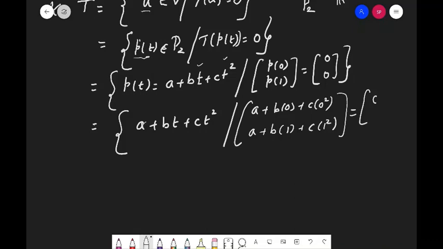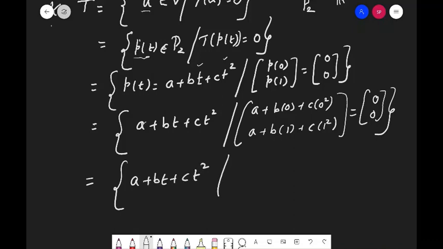This is equal to 0, 0. So this will be A plus BT plus CT square, such that here this is A and the second one is A plus B plus C, is equal to 0, 0.